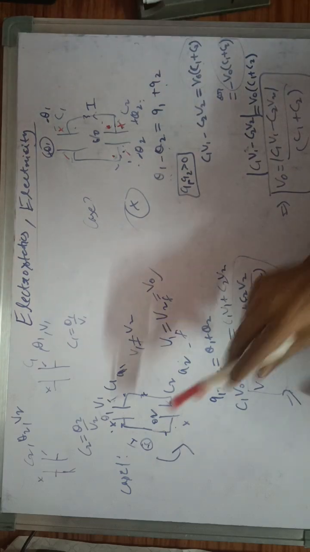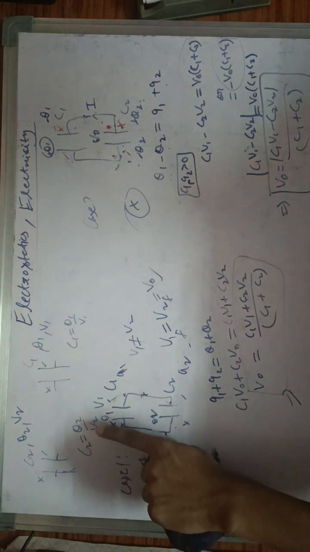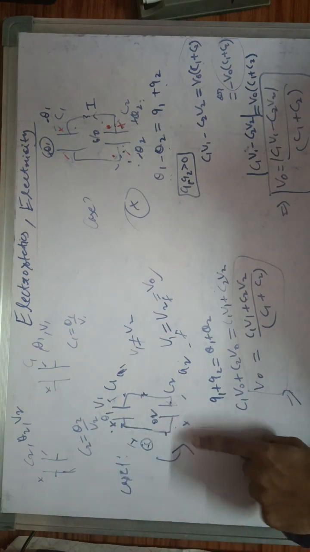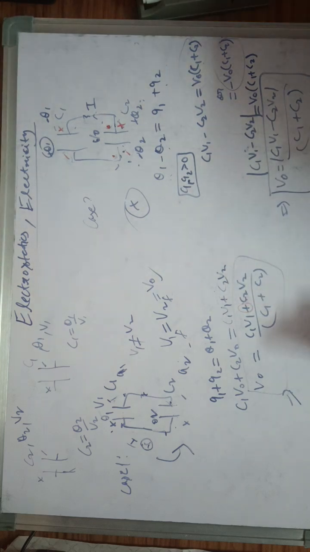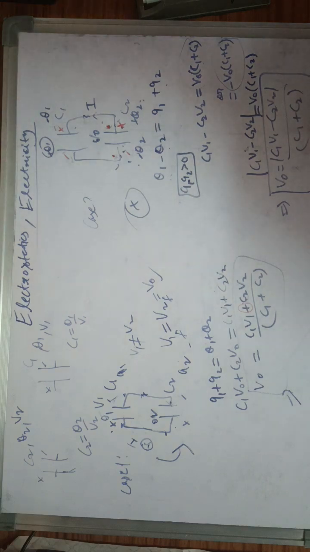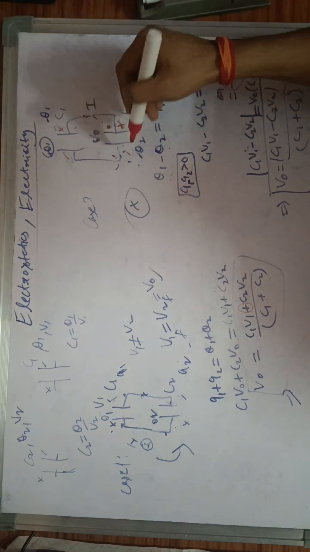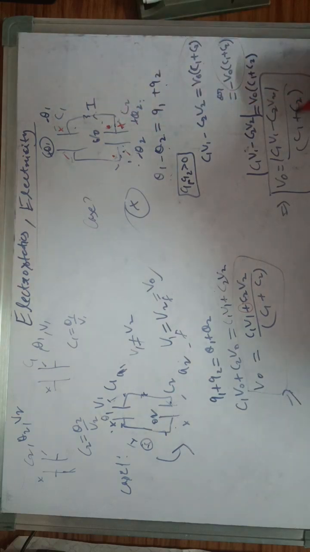In case of same charged plate sides added together, we get this formula of addition, and when we have opposite charged plate sides added together, then we get this negative sign here. This is the negative sign we use here.